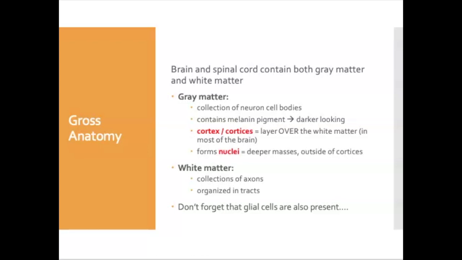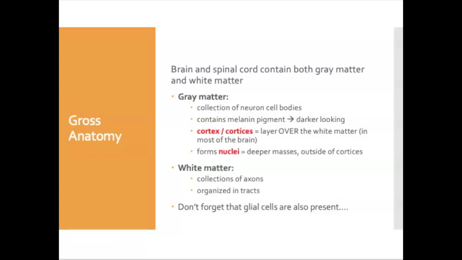The gray matter is still a collection of neuron cell bodies and the dendrites that extend off the cell membrane. And like the spinal cord, the reason that gray matter is gray in the brain is because of pigment, both melanin and lipofuscin.